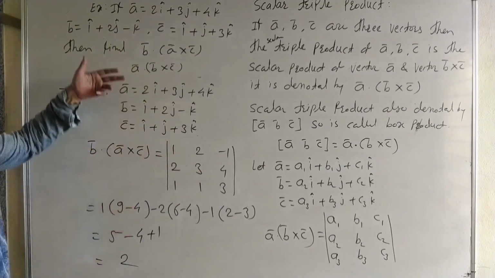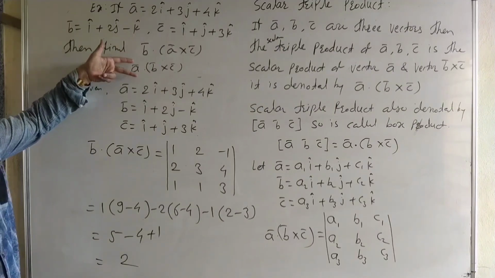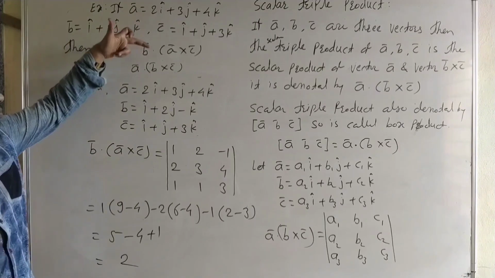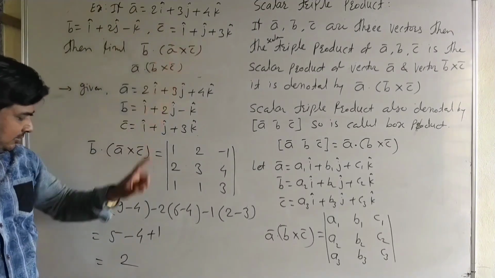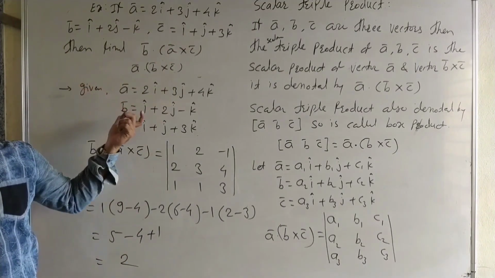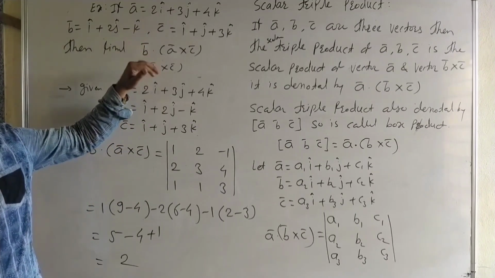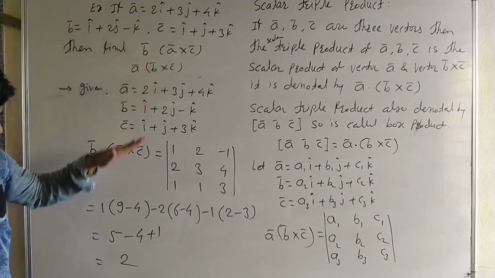Here we prove it: the scalar triple product of ABC is minus 2, and the scalar triple product of BAC is 2. It is a property of the scalar triple product. We discuss the properties of the scalar triple product in the next example. Just observe it.